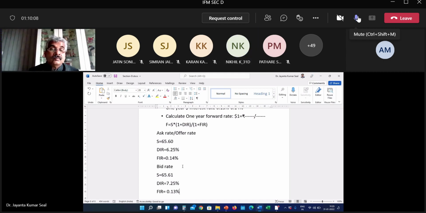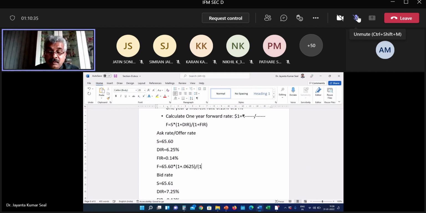How come? Forward rate equal to 65.60 into 1 plus 0.0625 divided by 1 plus 0.0014.